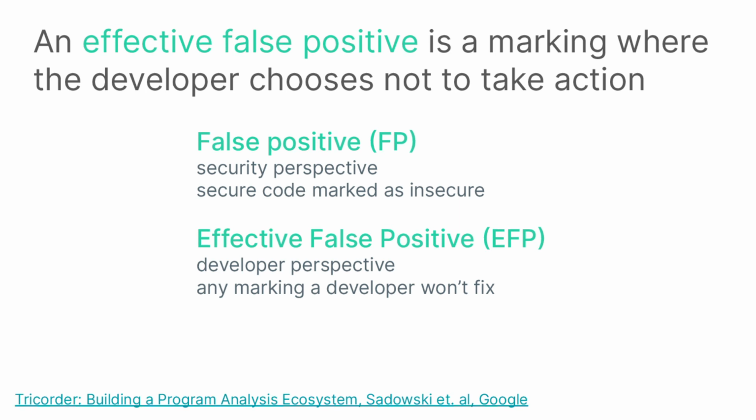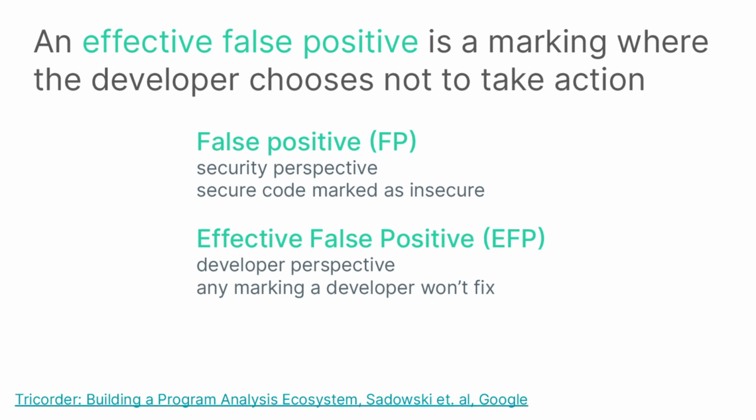They define an effective false positive as a marking by a tool that your developer does not want to fix. Maybe because to them it's obviously not vulnerable, but it can also be that it's too confusing or it takes too much time. It's a different perspective than a traditional false positive, where you're looking at whether something is vulnerable or not. A traditional false positive is something marked by your tool that turns out to be secure. But here we're really looking at the developer perspective.